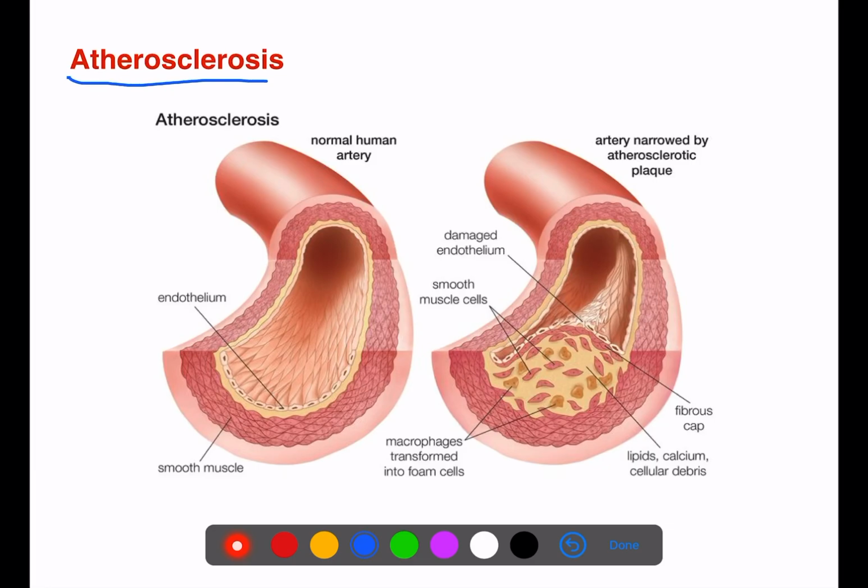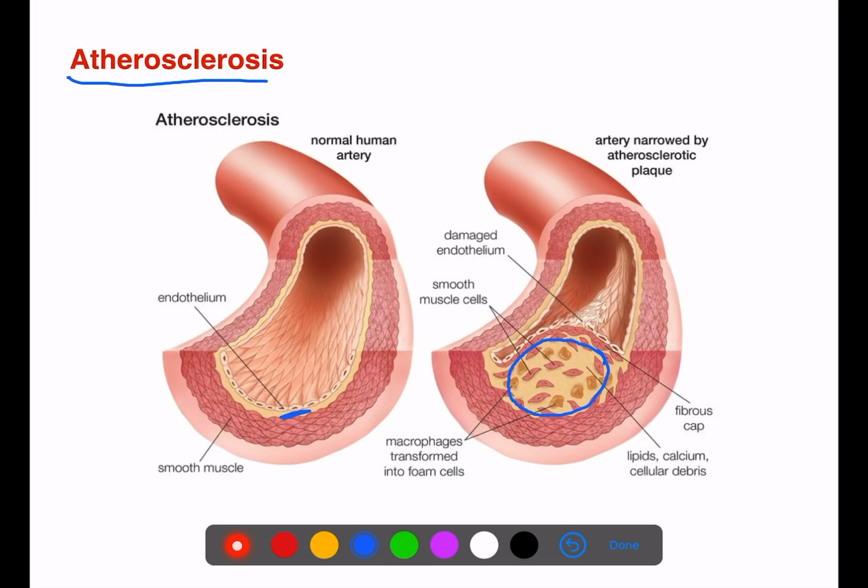The first one, atherosclerosis. Atherosclerosis commonly affects humans and causes major problems, so it's called the mother of diseases in humans. Atherosclerosis is characterized by deposition of lipid beneath the tunica intima, above the tunica media.